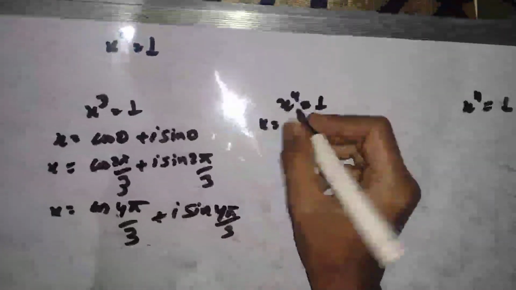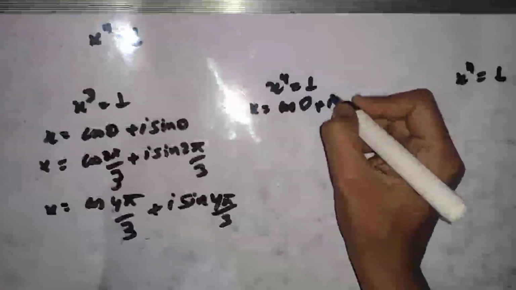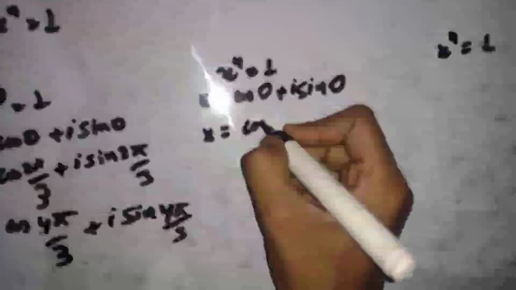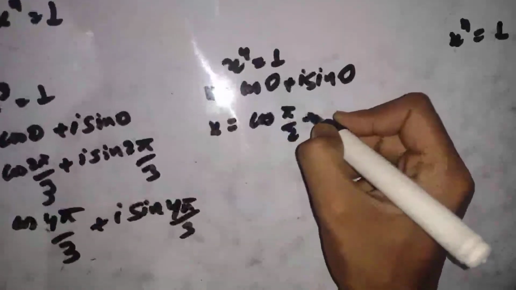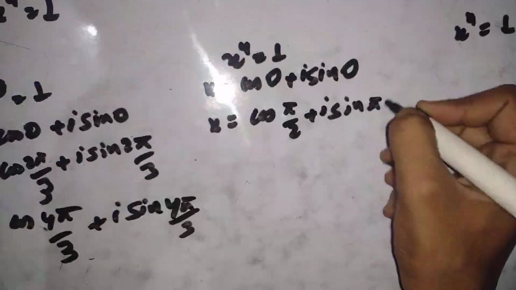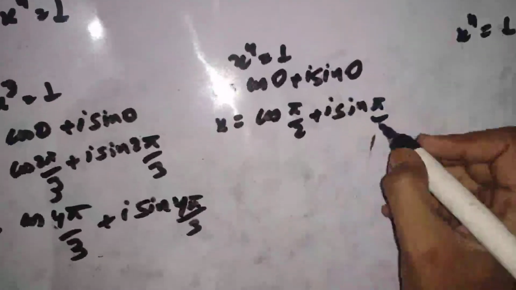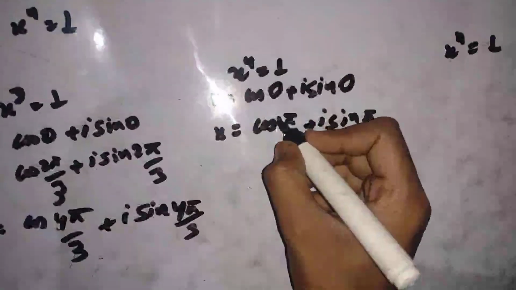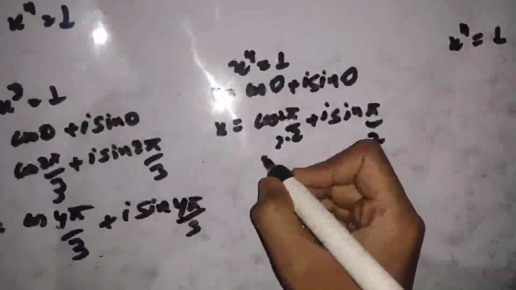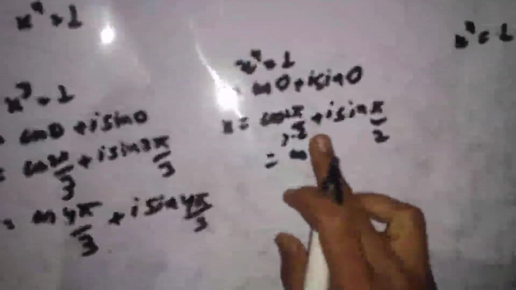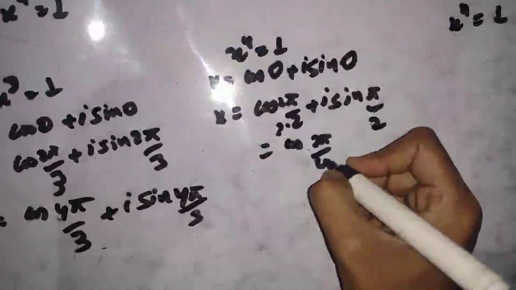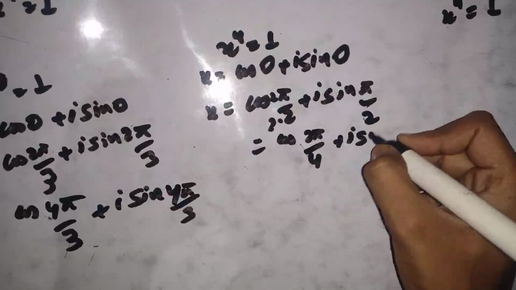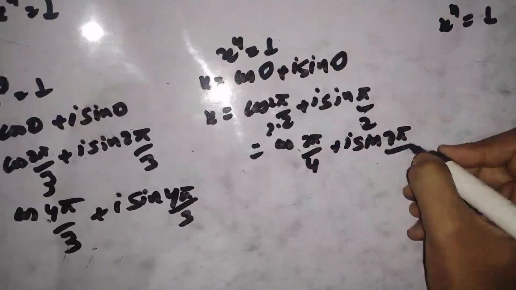Here our first root was cos 0 plus iota sine 0, which is 1. Our second root was cos pi by 2 plus iota sine pi by 2, which is iota. If we write pi by 2 as 2 pi by 4, we get cos 2 pi by 4 plus iota sine 2 pi by 4.